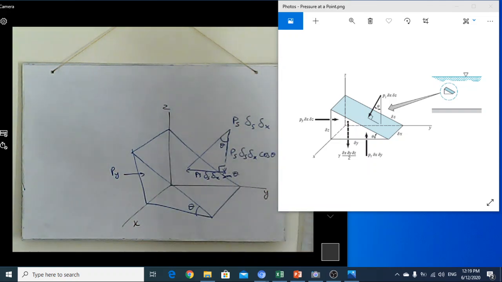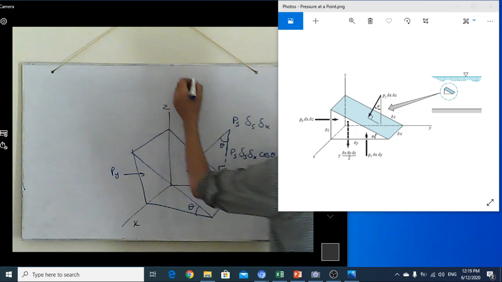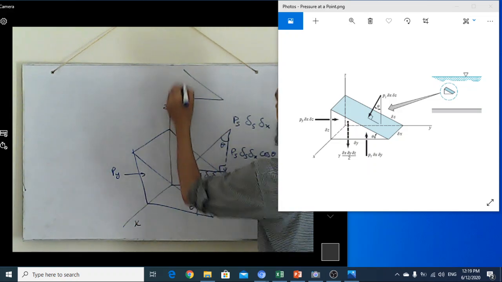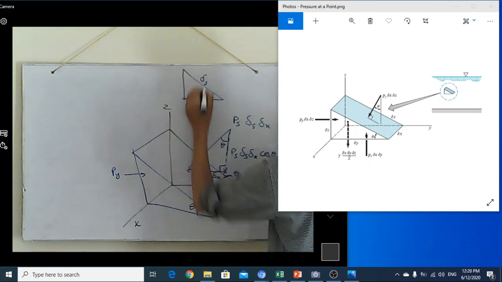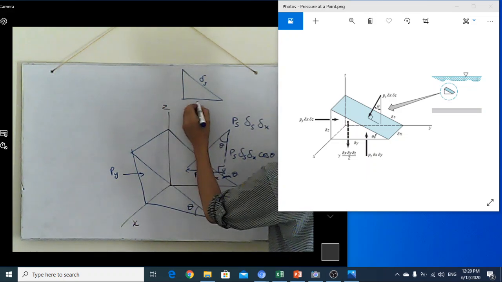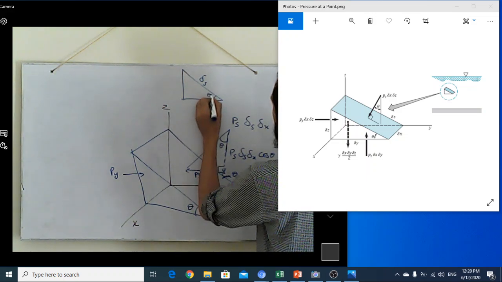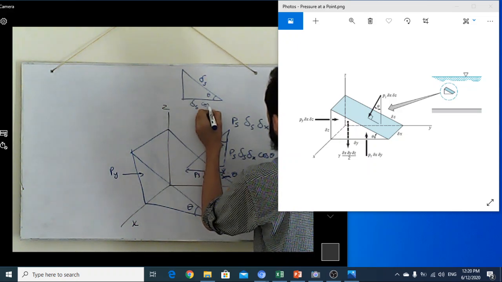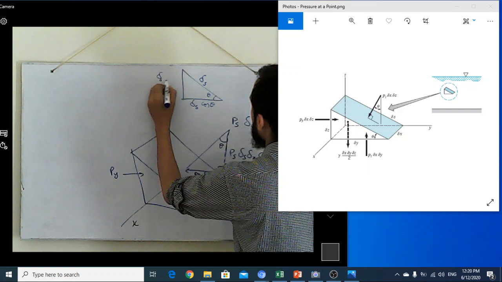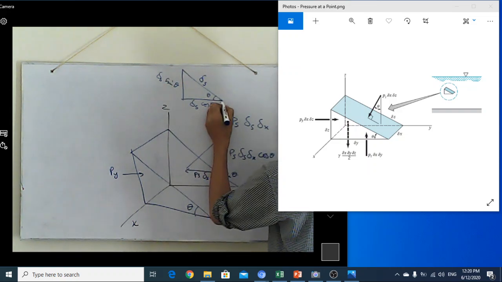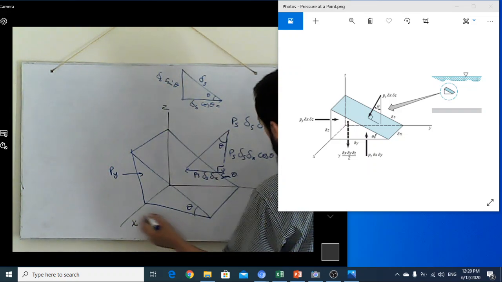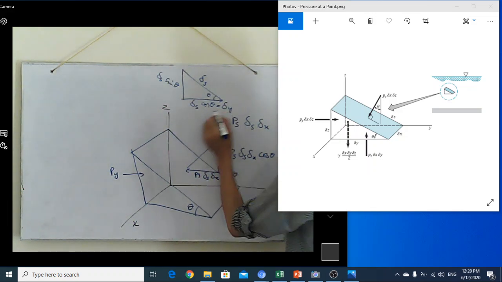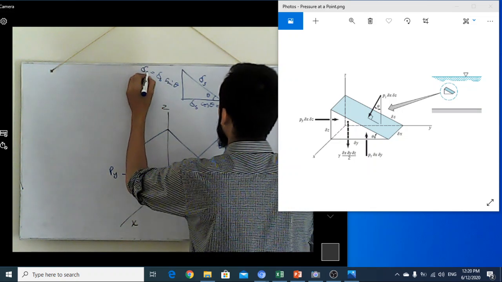I don't want to rewrite all these things, but I just want to show you one thing. The second is, as we know this is a complete triangle, with this theta, delta S cos theta and delta S sine theta will be equal to delta y and delta z.